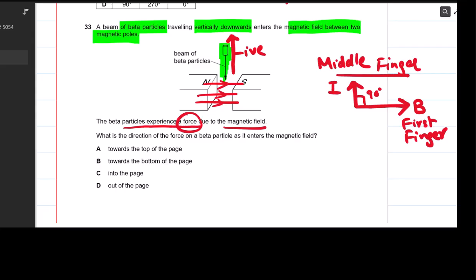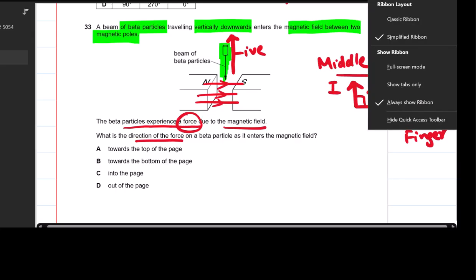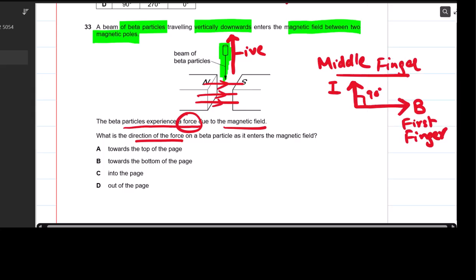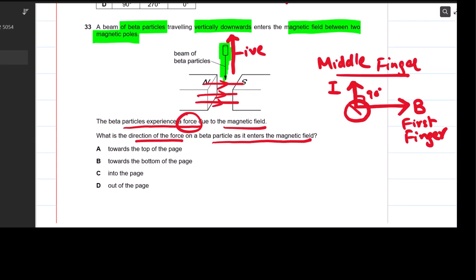So what is the direction of force on a beta particle as it enters the magnetic field? So thumb is pointing into the page. If you open the thumb now, thumb points into the page. Very simple question it is.